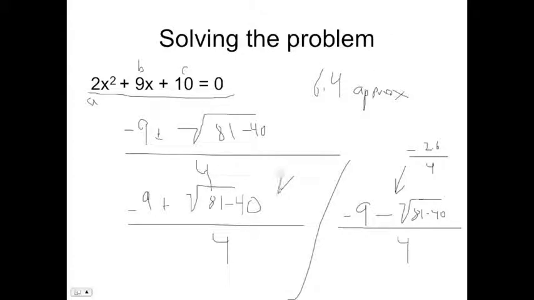And this one amounts to, oh wait, no. Negative 2.6 over 4 is for this equation. This equation is negative 15.4 over 4.